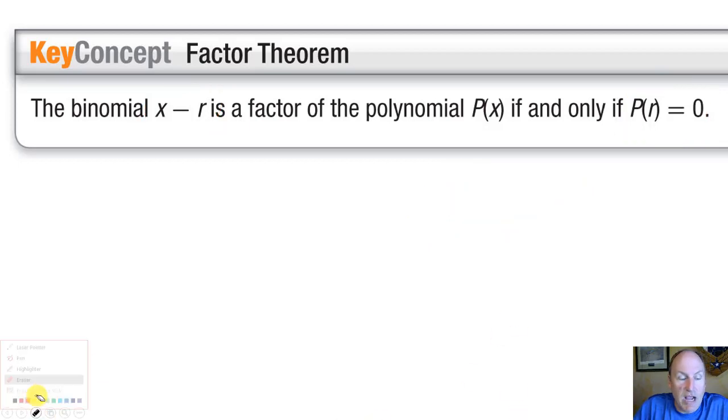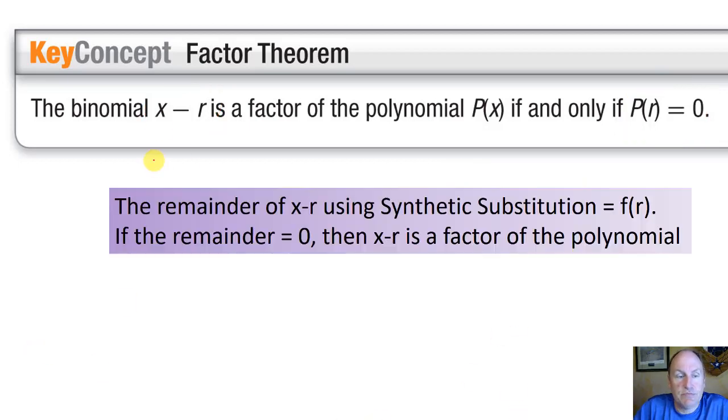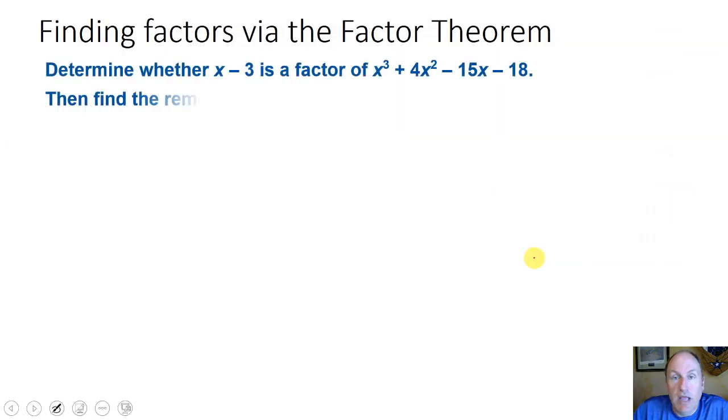It's a similar idea for polynomials. The remainder of dividing by x minus r using synthetic substitution is equal to f of r. If f of r is 0, then x minus r is a factor of the polynomial. That means there's nothing left over. It is a perfect factor. That turns out to be a useful application of the factor theorem and the remainder theorem.